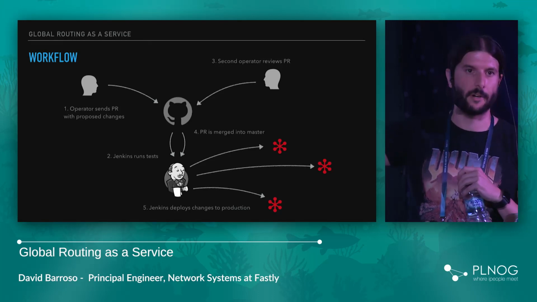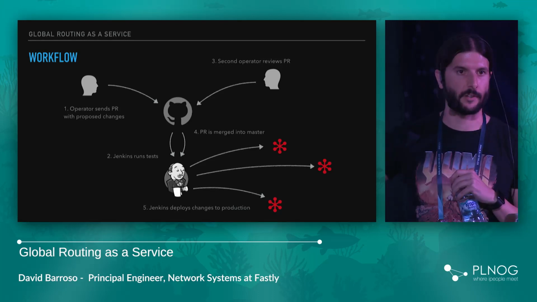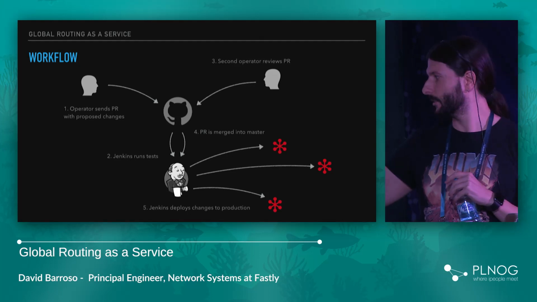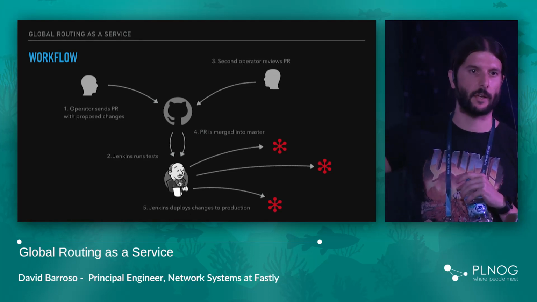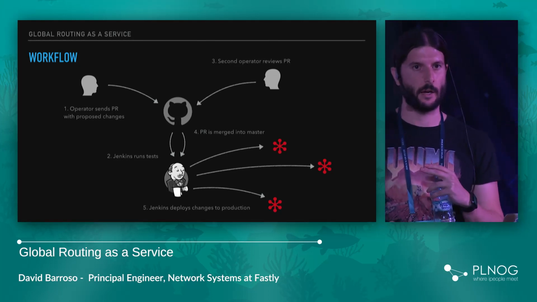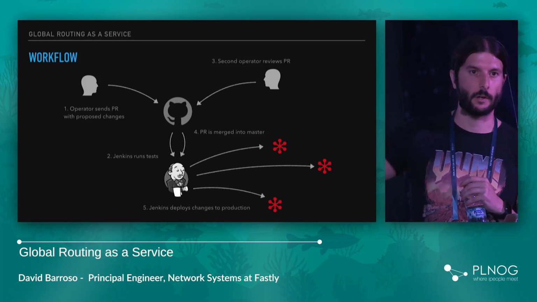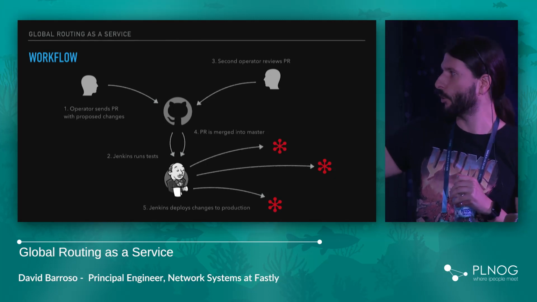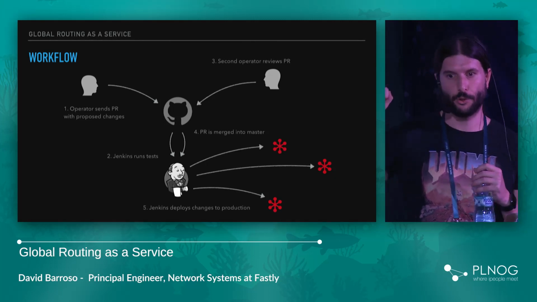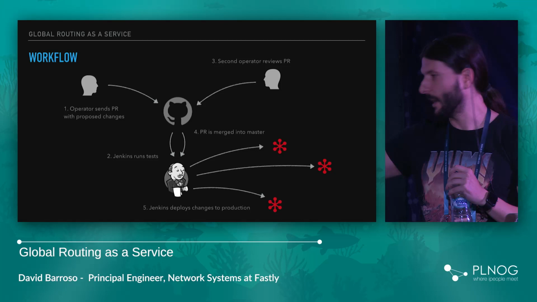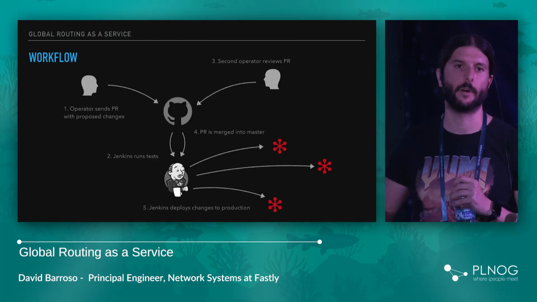So the operator sends the PR, and then the tests run automatically. Jenkins will notify GitHub that the tests are good to go. Then the second operator needs to approve it. When it's approved, either the second operator or the first one, it doesn't really matter, will merge the pull request. And then the rest will, again, happen automatically.